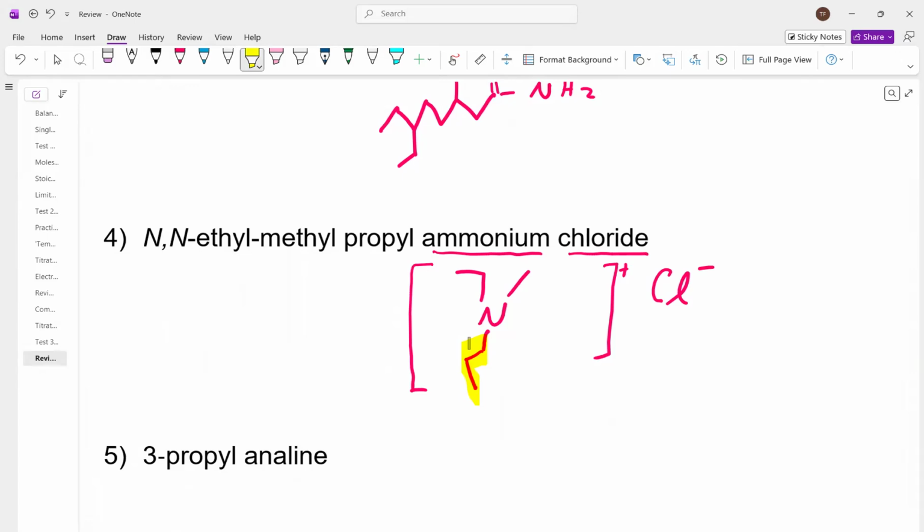It's a 3-carbon backbone. So it's just like, we do it like that. Oh, sorry. And then it'd be like, so that orientation makes more sense.